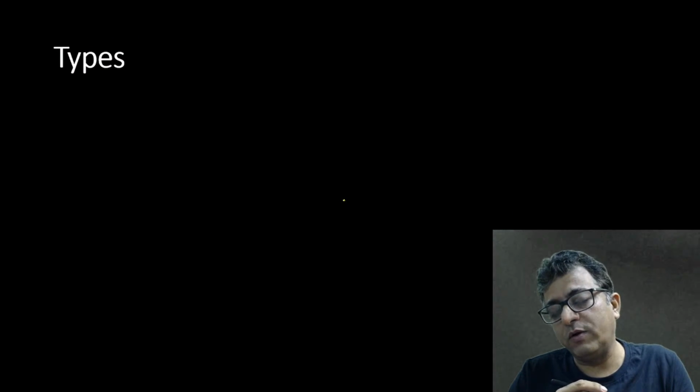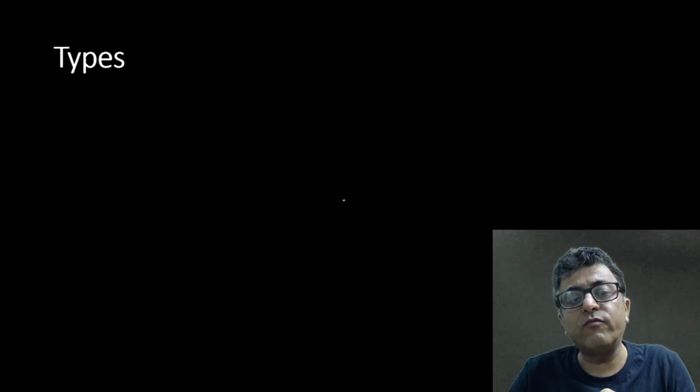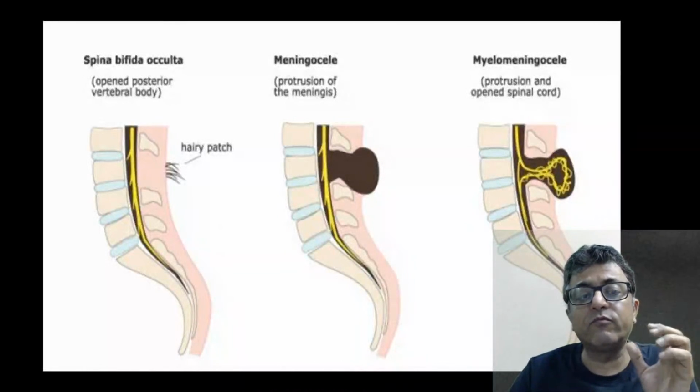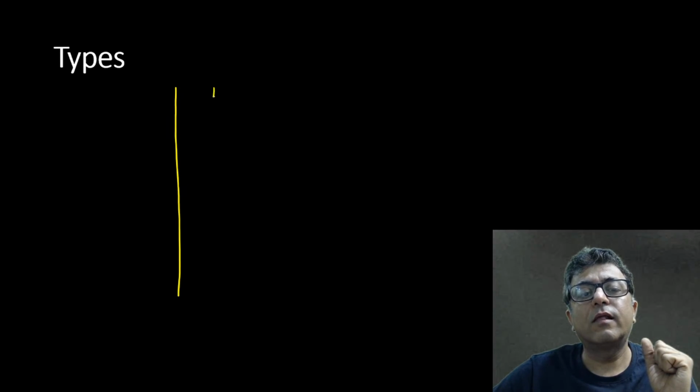Now, types of neural tube defect. How can we see? This is the spinal cord.